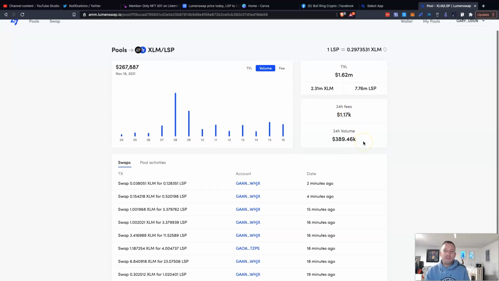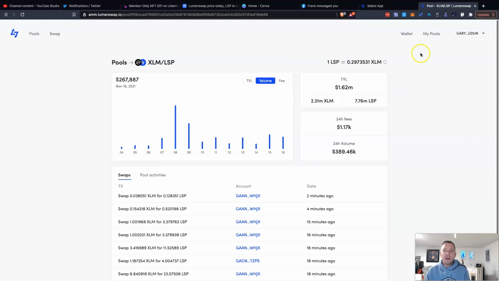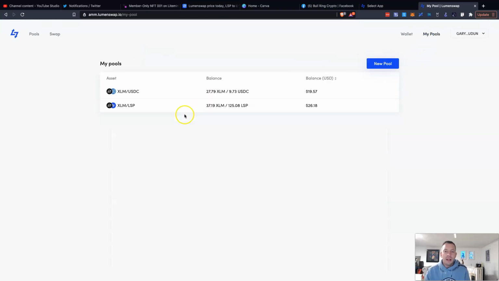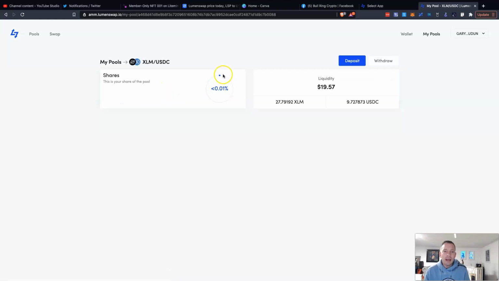So we've got all of these different bits and pieces now. And if I go back to my pools, we will see that if my pools was higher, we click onto my pools here, and we would get 5%, 8%, 9%, whatever it might be. So say we own 9% of this pool, or let's just say 10, because it's nice and easy. So we've got 10% of this XLM USDC pool.